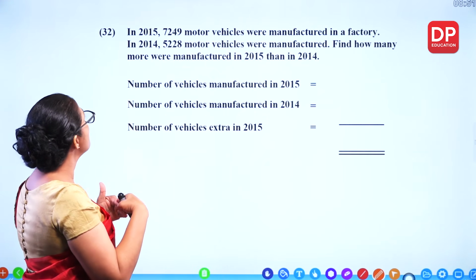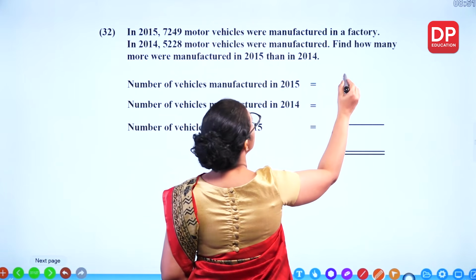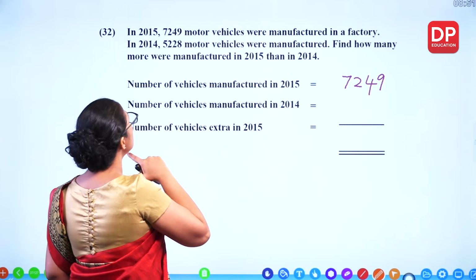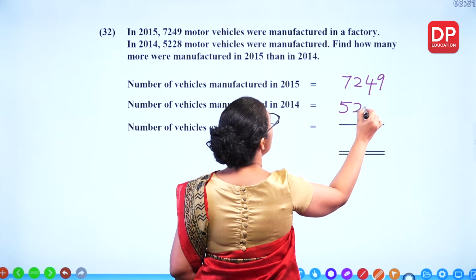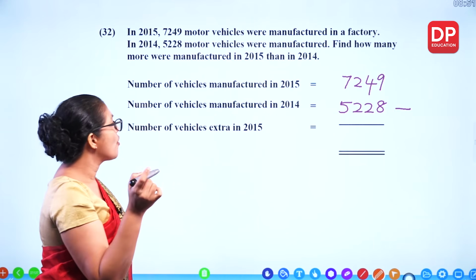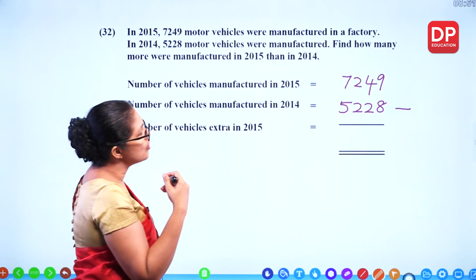So we can subtract the two values. So in 2015, that was 7,249. In 2014, that's 5,228. To get the number of extra vehicles in 2015, we can subtract the two.